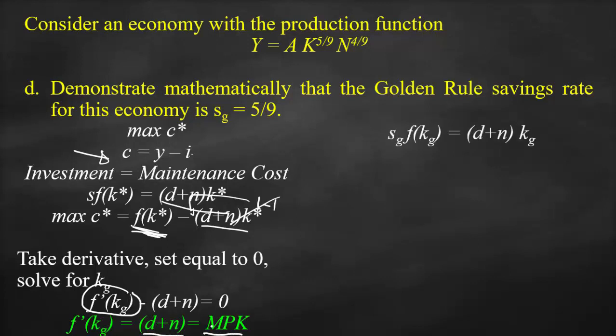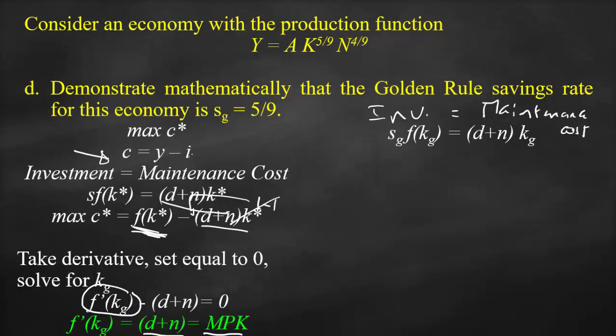Let's continue. So I will start again from the steady state. So I know that our investment is equal to maintenance cost. So let's solve it. Here we have our investment, which is the saving rate multiplied by output, equal to the depreciation rate plus the population growth multiplied by our capital.